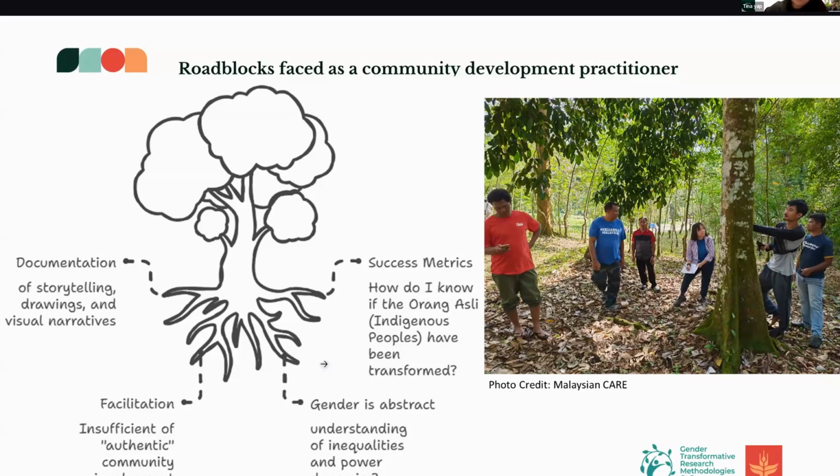So as a community development practitioner, as well as a blend of a researcher, how do I, as well as other colleagues who are themselves indigenous people, truly make the concept of gender relevant and practical? It's not merely introducing awareness, but how do I make it practical and applicable? For instance, to analyze the gender dynamics, what are the power relations within the tribe, the household, or a specific village?